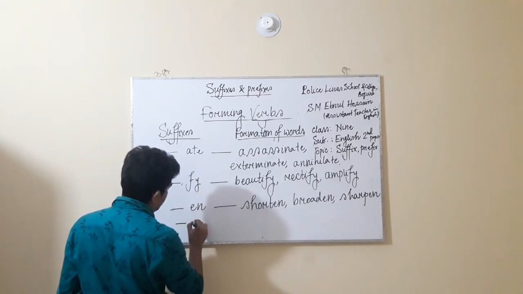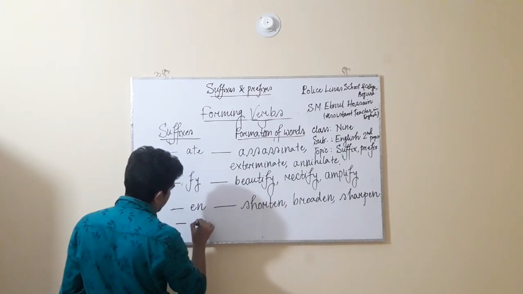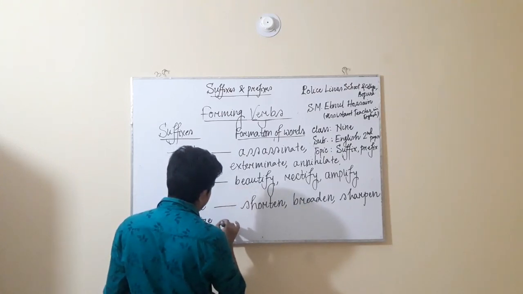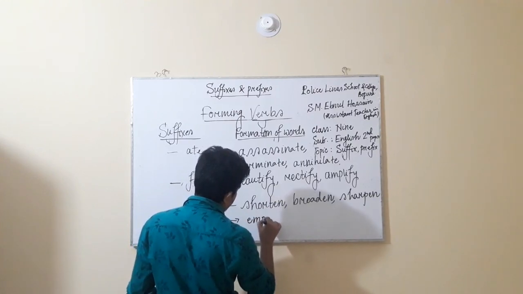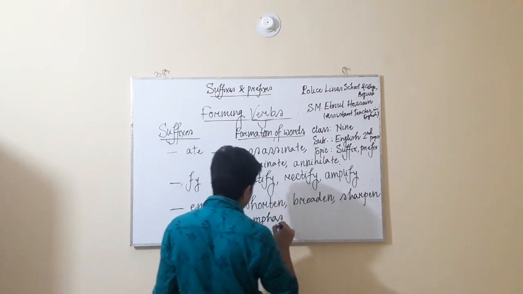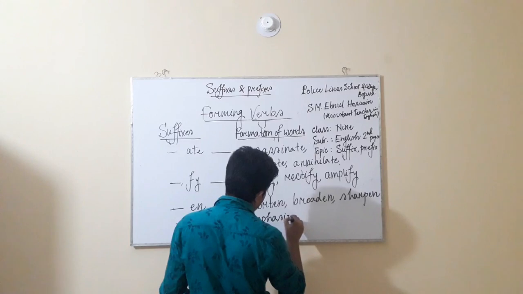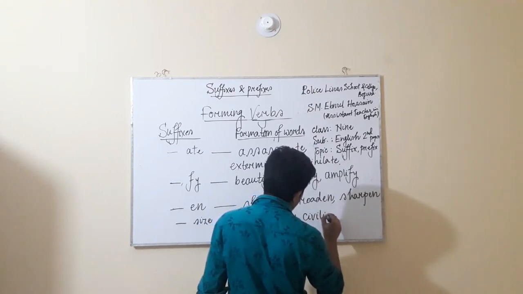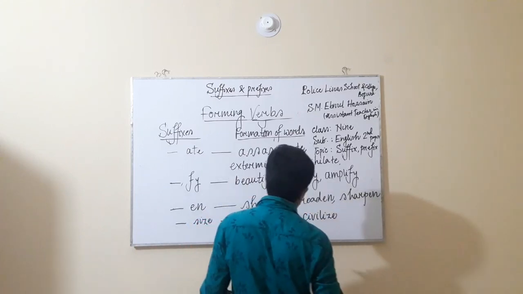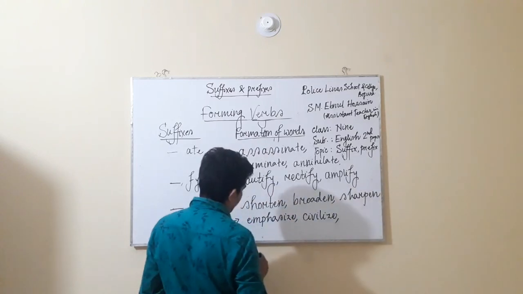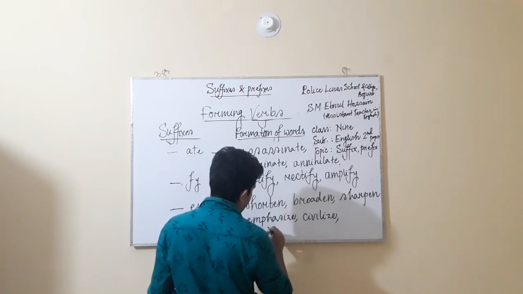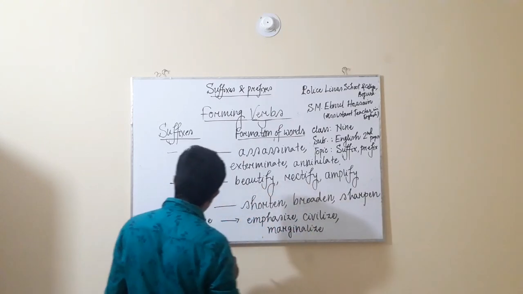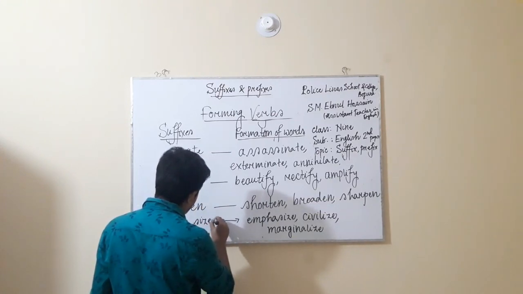Another verb suffix, SIZE: impair, emphasize, civilize, marginalize, ISE or IZE.